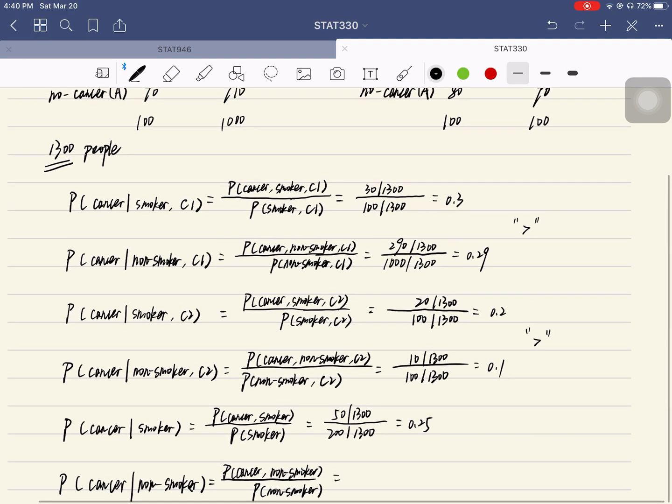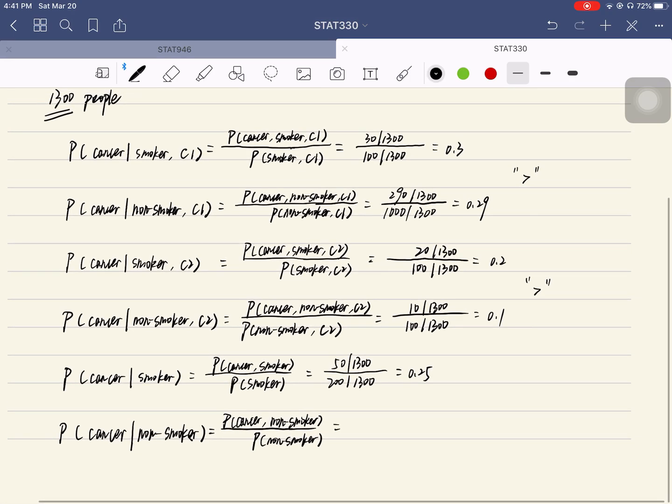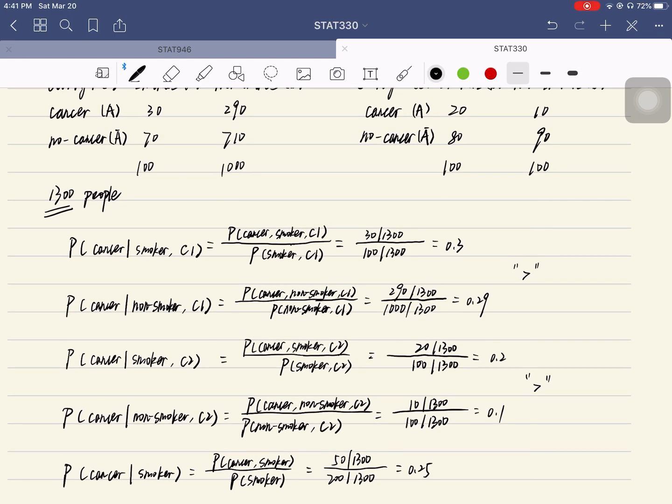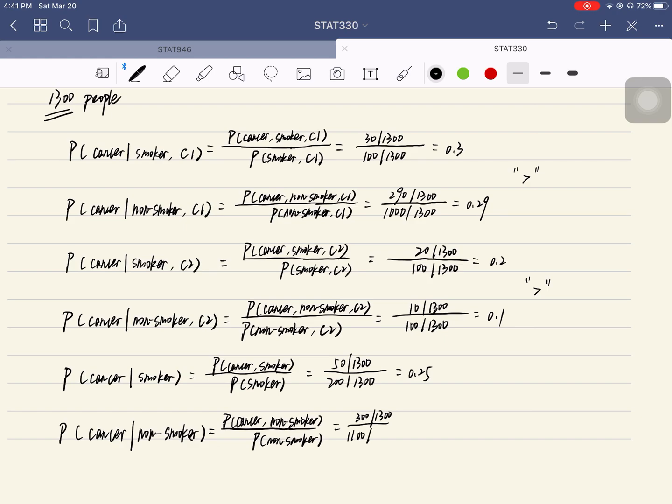And the non-smokers with cancer is 290 plus 10, that is 300, divided by the total number, 1000 plus 100, that is 1100, divided by 1300, which is 0.27.